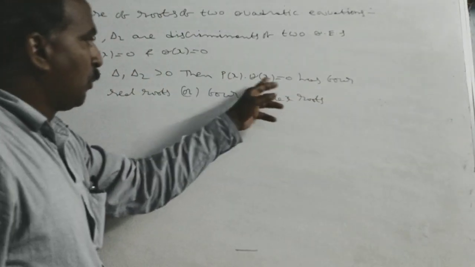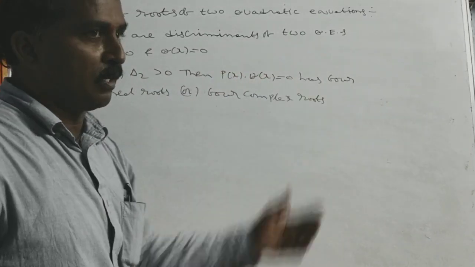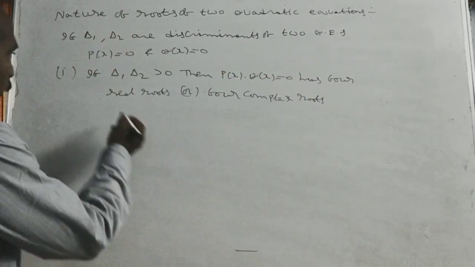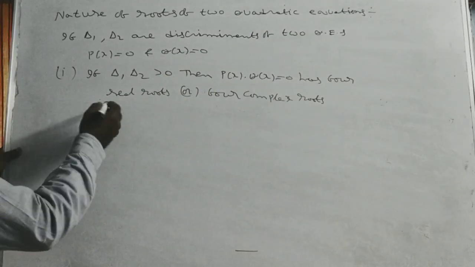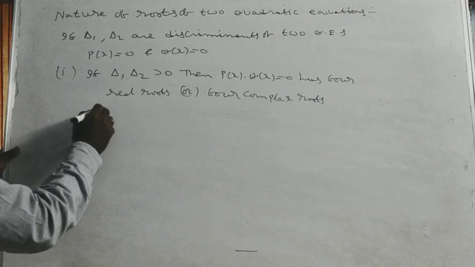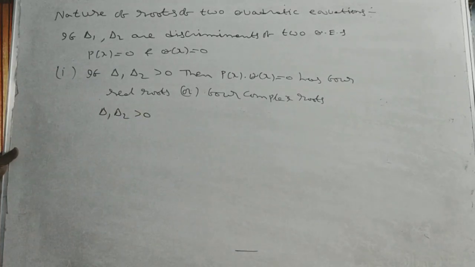If delta 1 into delta 2 positive, then P of x into Q of x equal to 0 has 4 real roots or 4 complex roots. Here two cases arise.